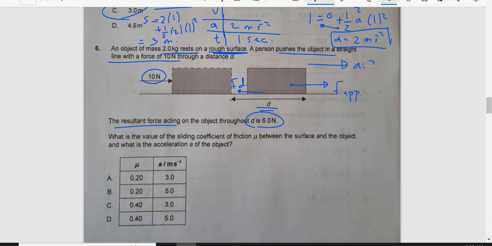So I'm going to apply Newton's second law. All the forces acting on the object will equal mass times acceleration. Now, what are the forces that are acting on the object? In the same direction of motion, these forces will be positive. Opposite to the direction of motion, it will be negative.